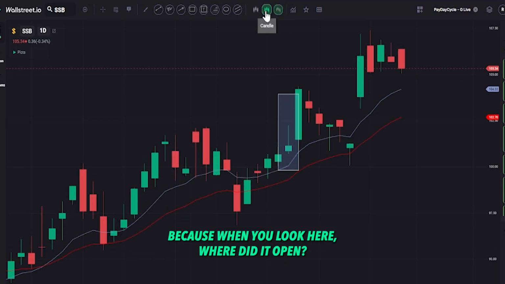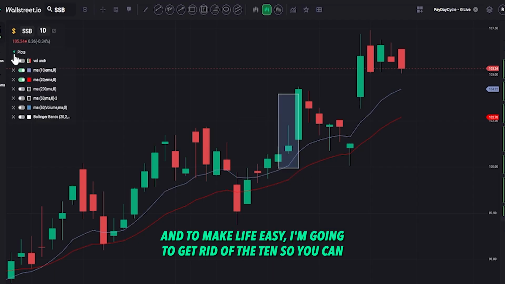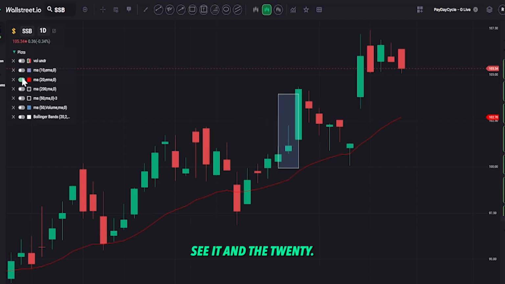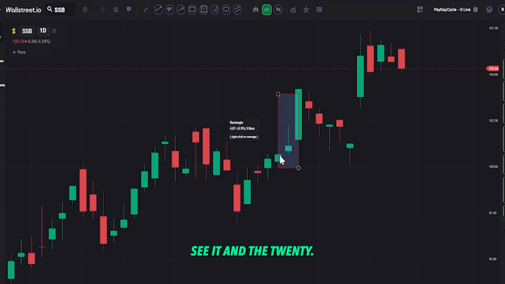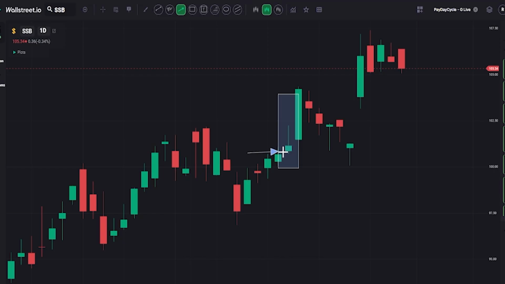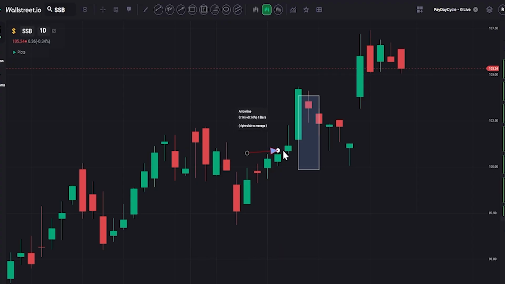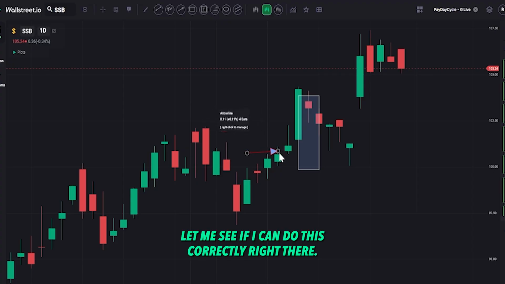Because when you look here, where did it open? Where did it open? And to make life easy, I'm going to get rid of the 10 so you can see it, and the 20. So I want to point at where this opened, right there. And I want to point at, let me see if I can do this correctly, right there.